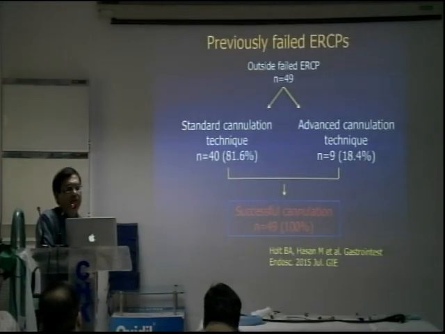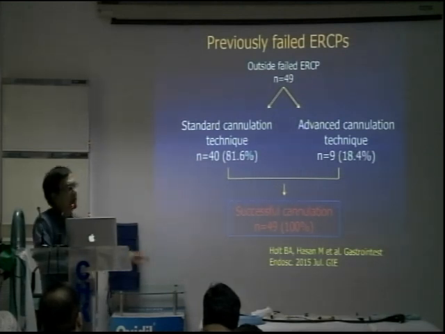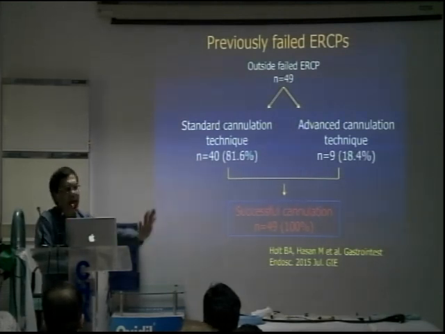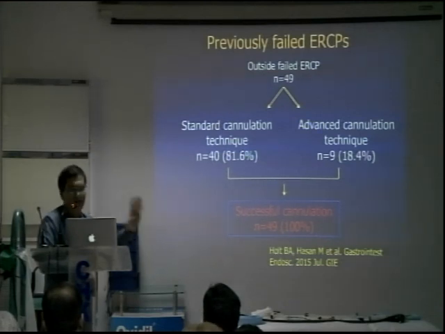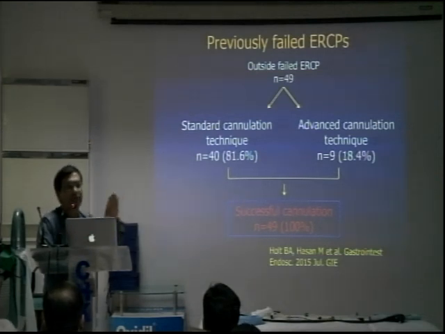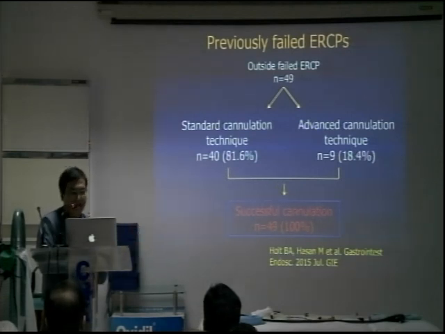So 49 of those 1,000 ERCPs were failed cannulations from outside. You can still see that standard cannulation technique more than 80%. Just like a standard cannulation is cannula or sphincterotome with the wire, nothing else. That's what I'm talking about. So advanced cannulation is like you have to put a stent, you have to use a double wire technique, or you have to do a needle knife. Okay.